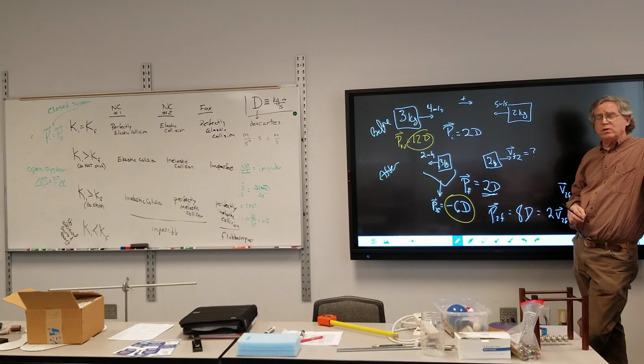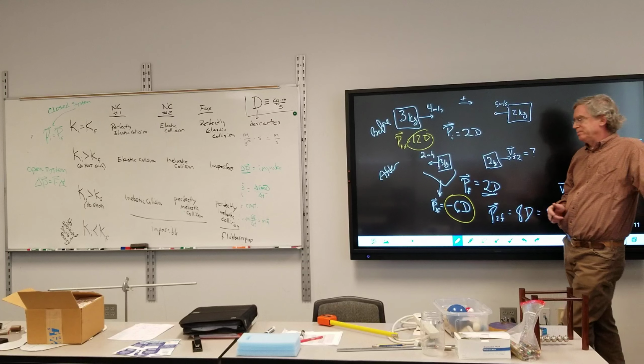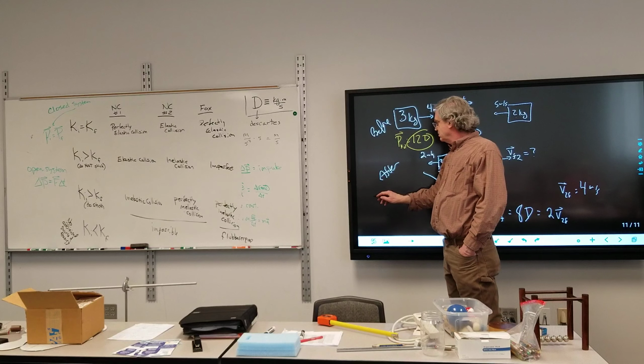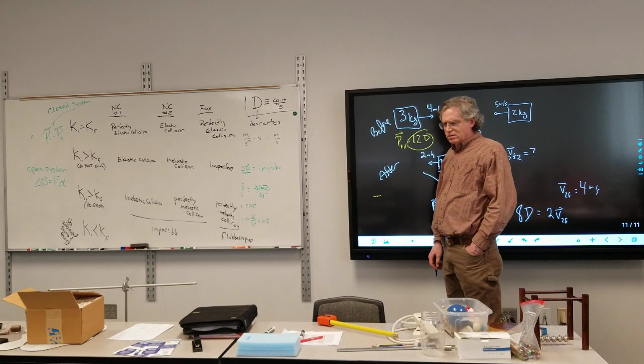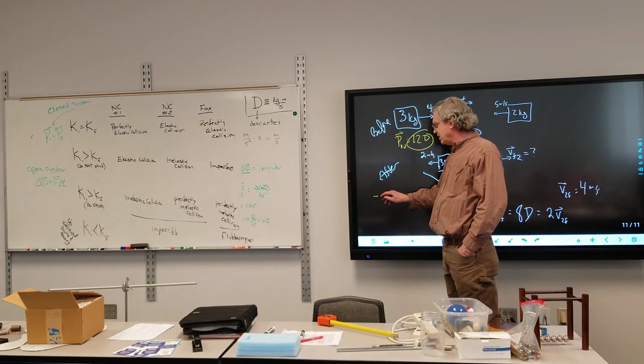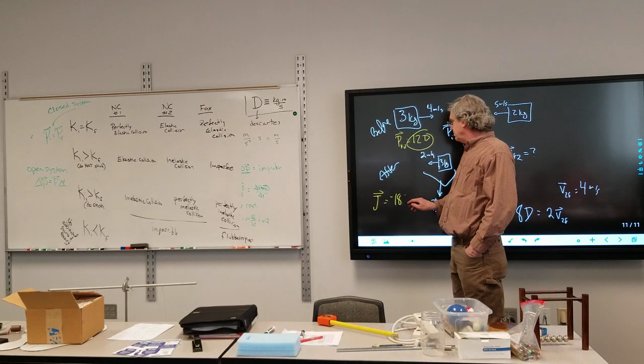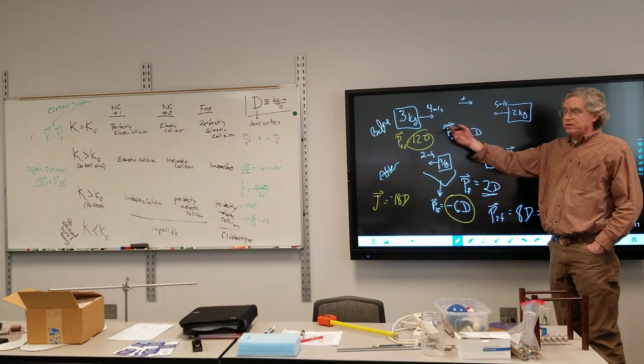That's the same question as what is the change of momentum of the 3 kilogram mass? -18. Yeah. So the impulse, what letter do I use? I might use a J sometimes and I sometimes. A J with a vector symbol over it is equal to negative 18. Negative 6 minus 12.